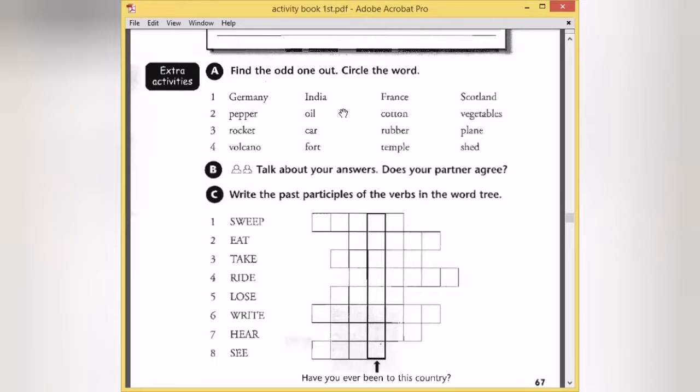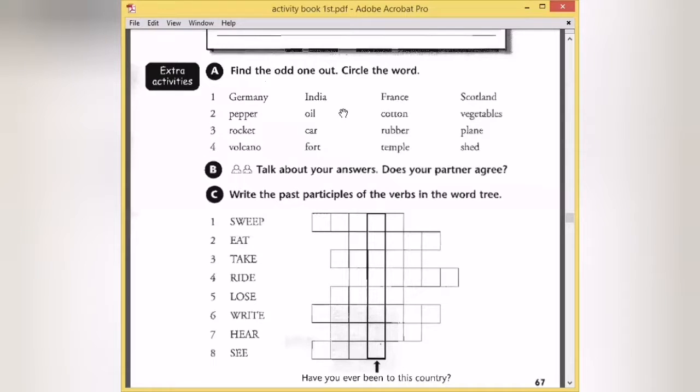Why India? Because all the other countries are in Europe, right? But India is in Asia, so it is odd. Yes, Abdulaziz. Adam, yes.